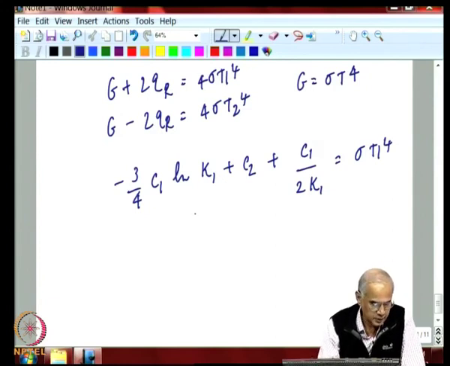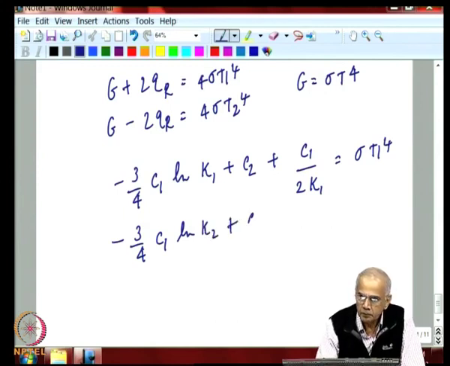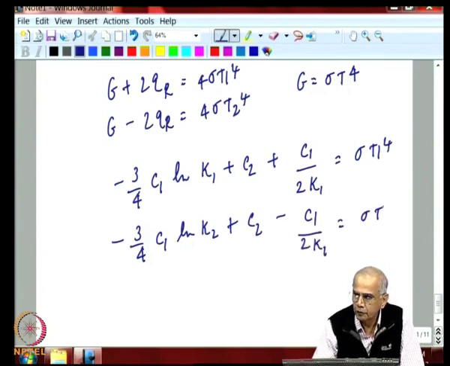This heat flux, this is the intensity. Now, in the other wall, you will get this minus C1 by 2 kappa 1 equal to sigma T to the power of 4.